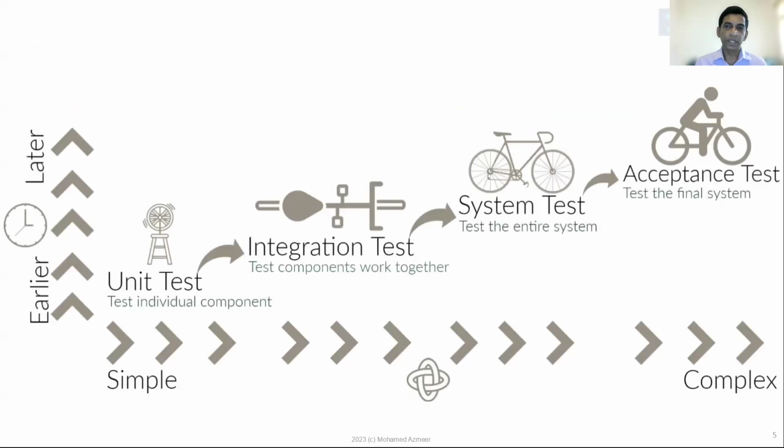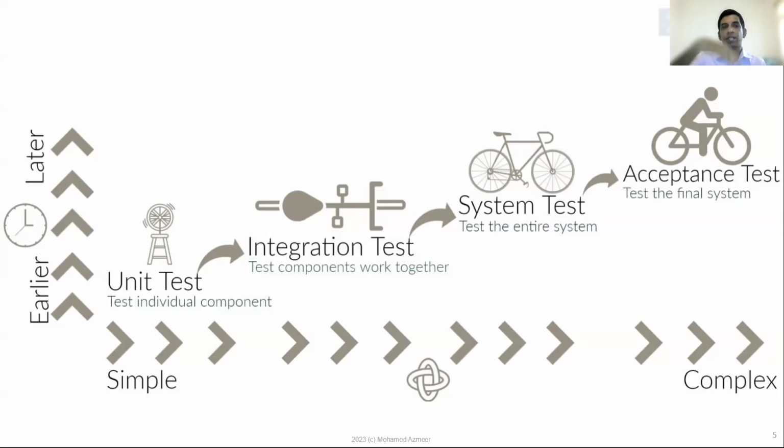Now, this nice picture is showing our story in a very graphical way, right? You can see there are 2 axes. On the leftmost, you can see the vertical axis, where earlier is at the bottom and later is at the top. That means when you start the project, at the beginning, you can do unit testing, right?